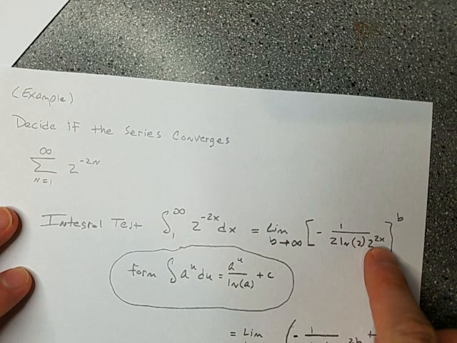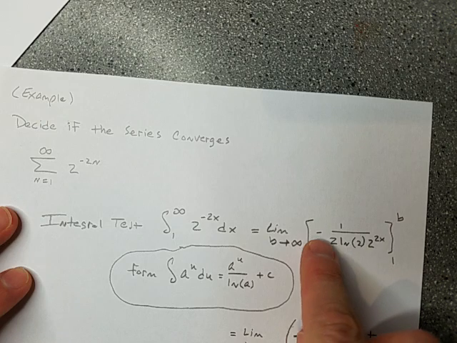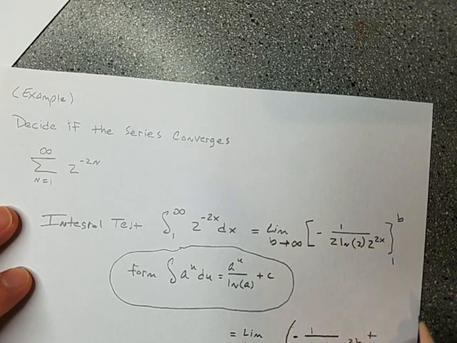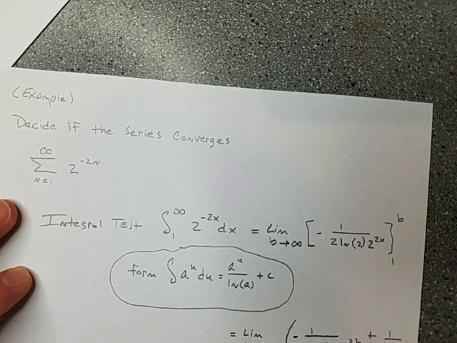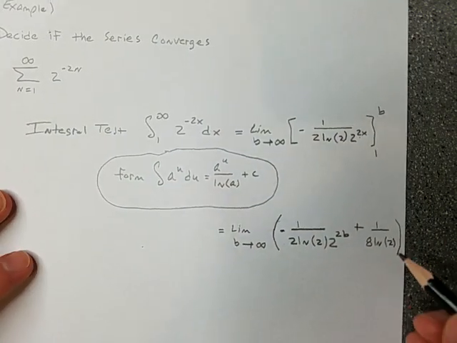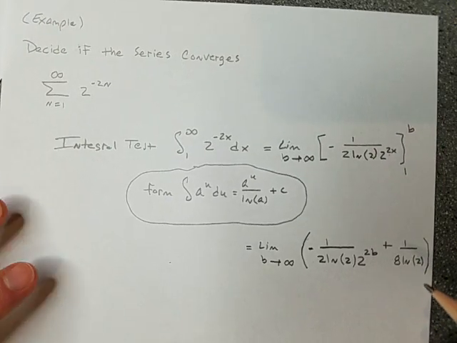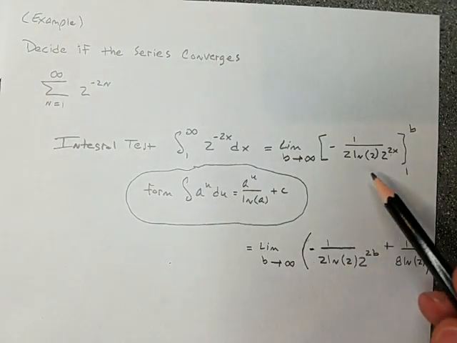Okay, putting b in for x. Then I'll be subtracting what turns out to be a negative. And when I put 1 in, I'll get 1 over, okay, so what's that going to be? 2 squared, that's 4. So I'll get 8 natural log of 2. Okay. Whoops. Okay, I didn't realize that was off screen. So anyway, I have my antiderivative.